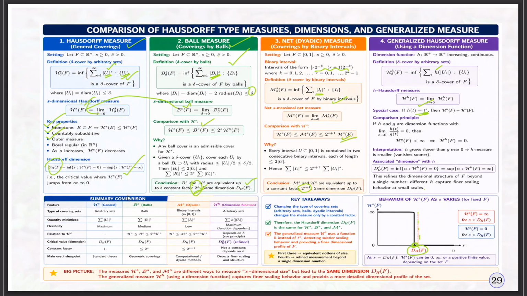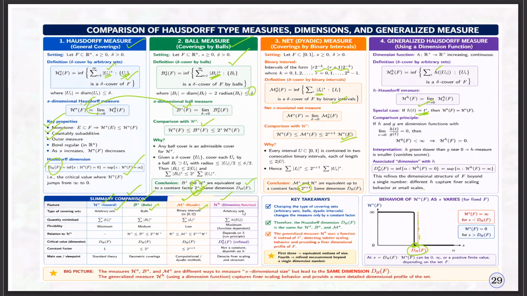Now the overall summary for H^s, B^s, M^s and H^h. Type of covering sets: here arbitrary sets, here spherical balls or balls of radius less than or equal to delta by 2, here binary intervals in [0,1]. If you are taking R^n, n-dimensional space, we can take the net with the finite product of the interval [0,1], similar intervals.